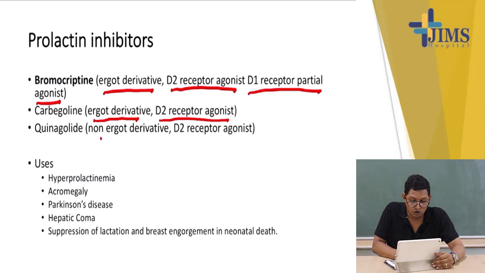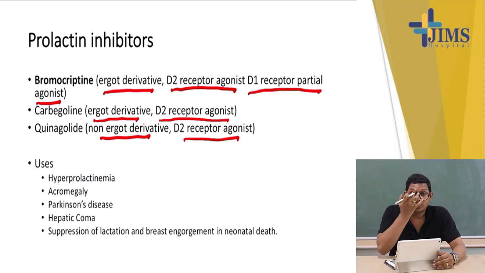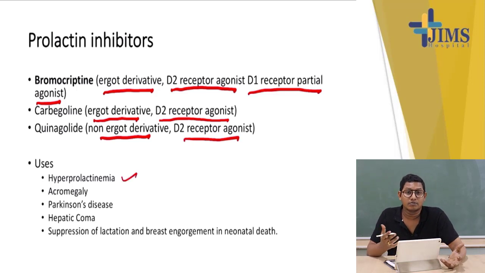Quinagolide, which is a non-ergot derivative, is again a D2 receptor agonist. These drugs are used in hyperprolactinemia, that is galactorrhea, amenorrhea, infertility syndrome.